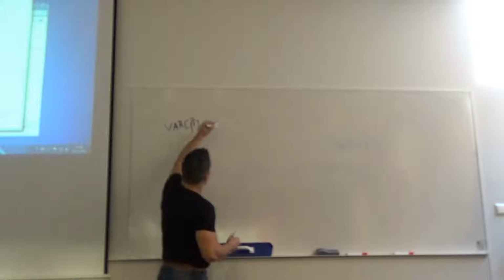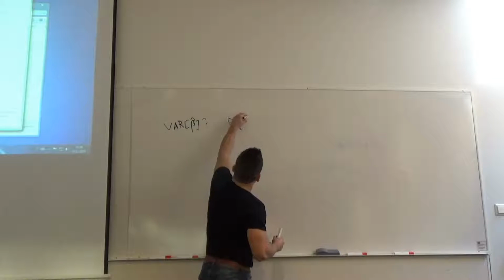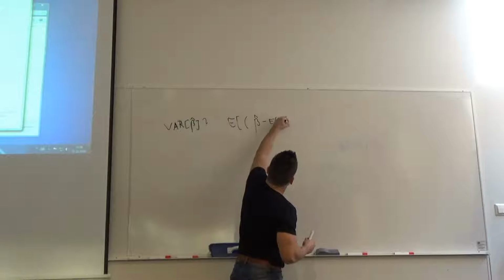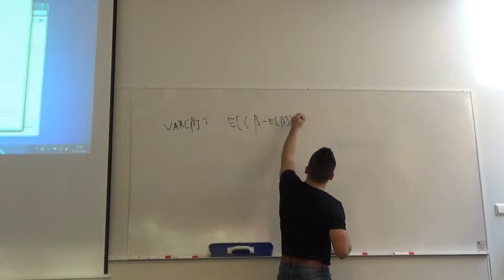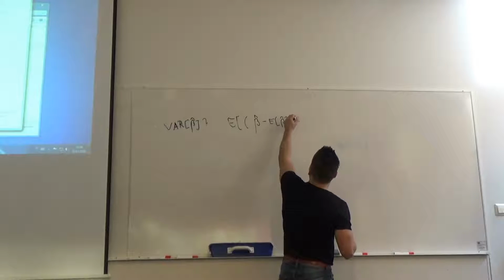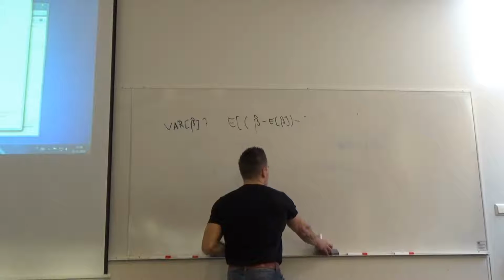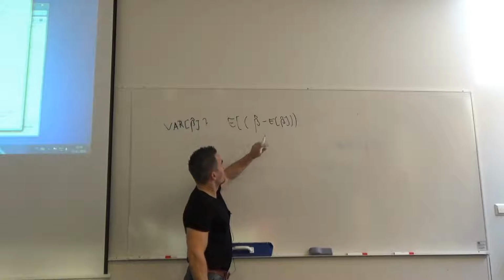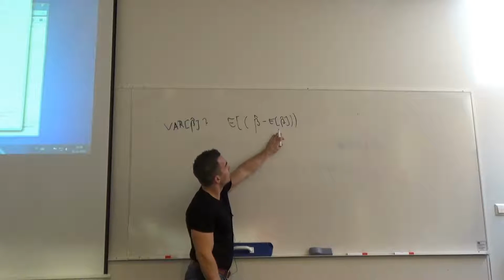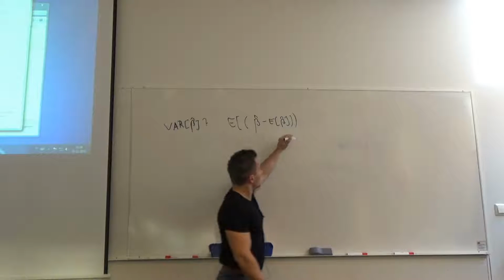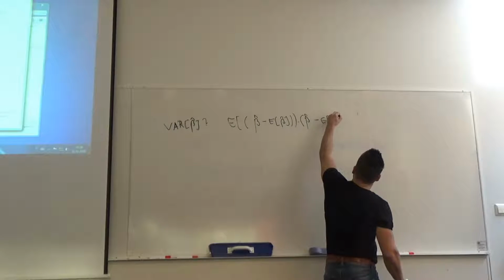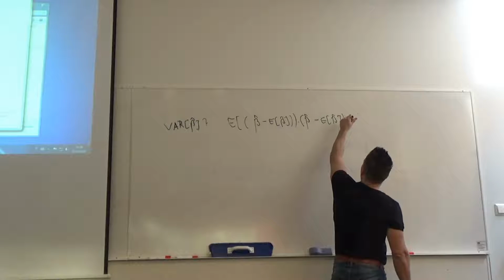Again, we know from statistics class what we have to do: we take the estimated beta minus the expectation, times the point estimate minus the expected point estimate, times itself transposed.